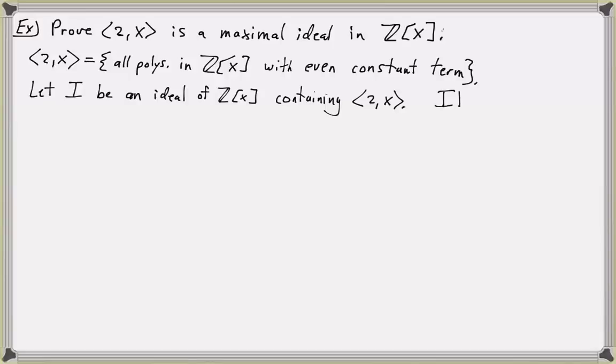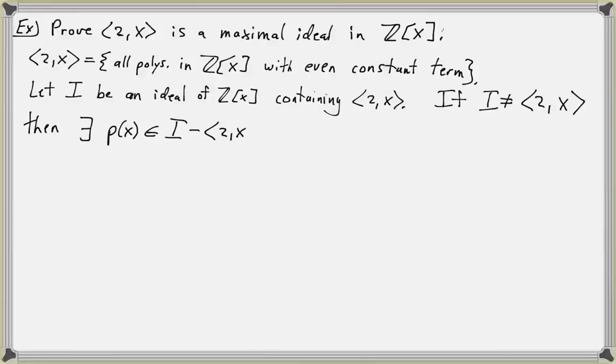If I does not equal the ideal generated by 2 and x, then there must be a polynomial that's in I and not in the ideal generated by 2 and x. So then there exists a polynomial p of x that's in the difference I minus the ideal generated by 2 and x.